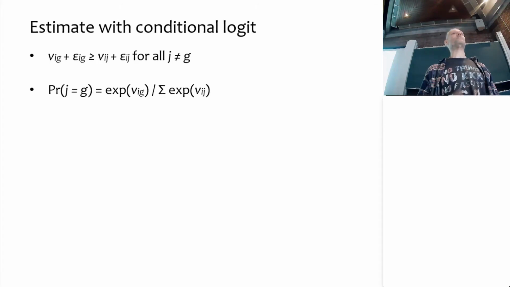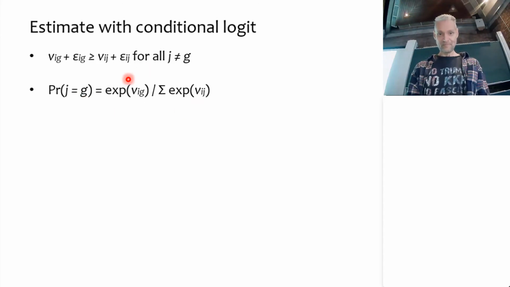And essentially what this conditional logit then predicts is the probability of individual I being in site G, right? Out of all the parks J that we could have chosen, and therefore you need to sum that probability.